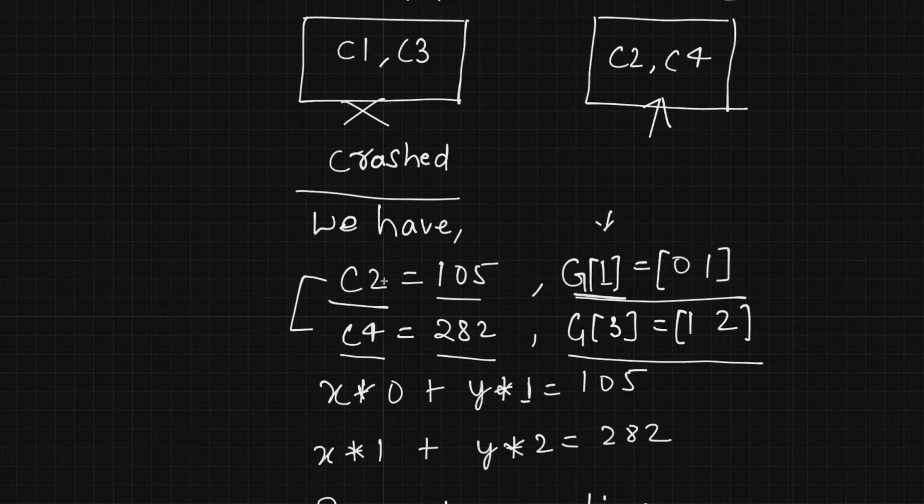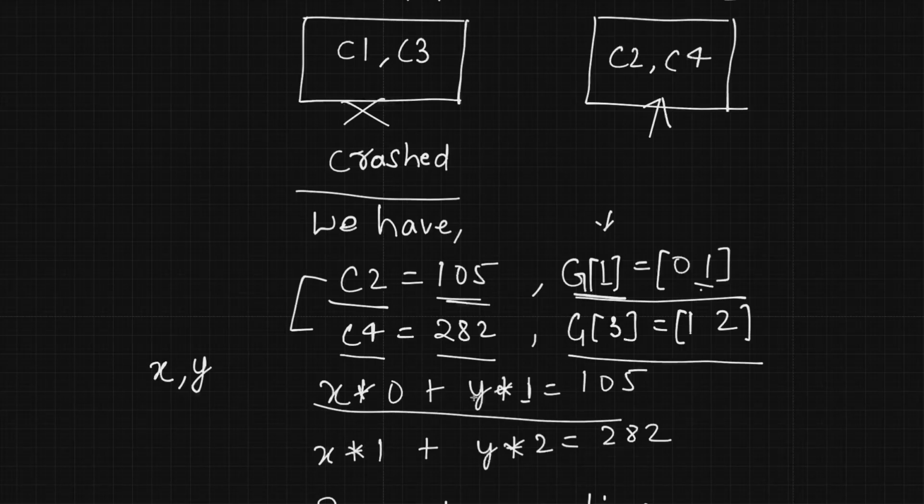Now, using these two pieces of information, let's suppose X and Y were my original data. Can I write X into 0 plus Y into 1 equals 105? Yes.